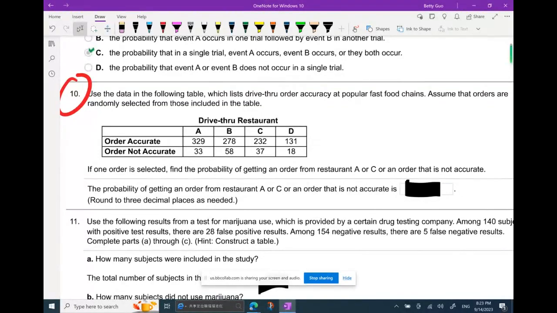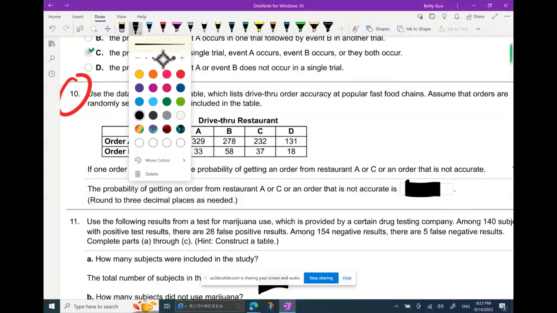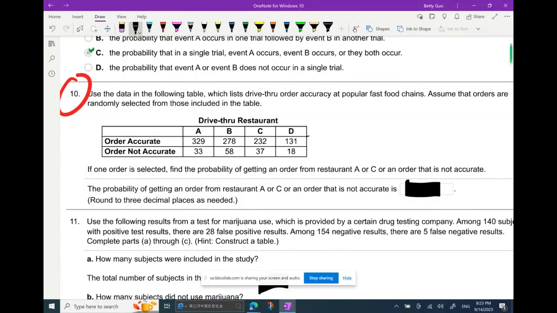Remember, if you have a table like that, I would extend the table and find the total. It won't take too much time.